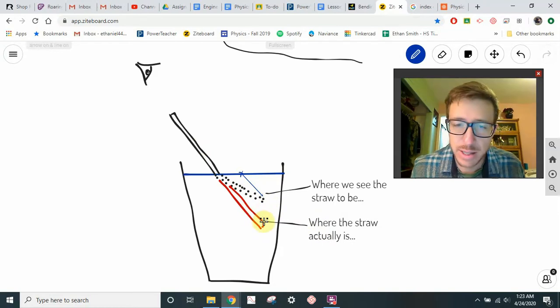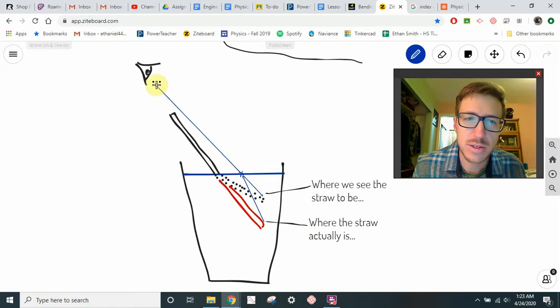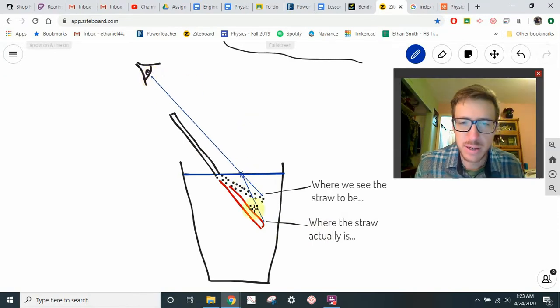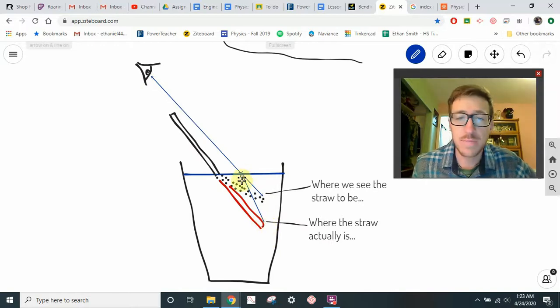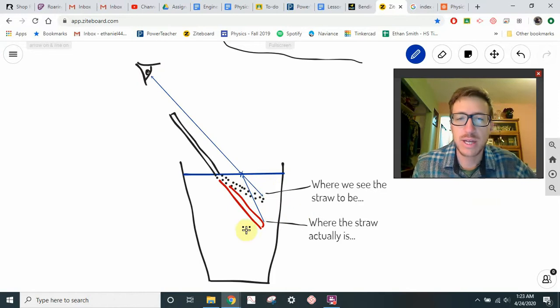What that means is that the light reflecting off this piece of the straw is going up to this point, and then somehow is going from that point to my eye. So at this point on the surface of the water, the light that's reflecting off this bottom part of the straw goes up to that surface, and then you'll see it actually, instead of continuing to go straight up, it turns, and so my eye interprets that as being back here. It follows that straight line back to right there.